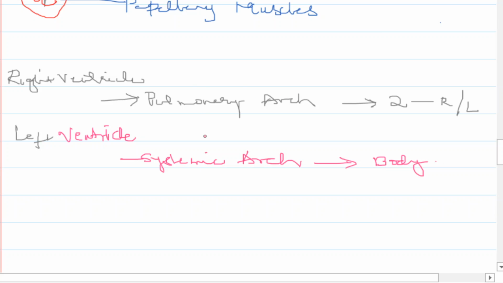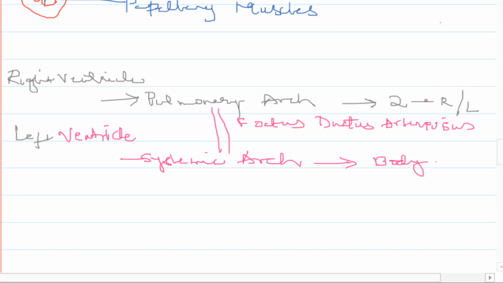Now these two are attached in the fetus during the embryonic development. It is open. It is called Ductus Arteriosus.